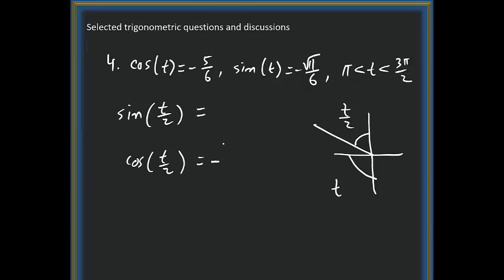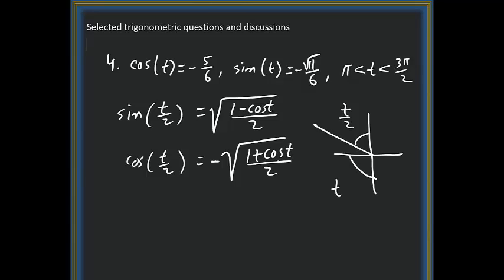And we know the half angle formula is like this: sine t over 2 is square root of 1 minus cosine t over 2, and cosine t over 2 is square root of 1 plus cosine t over 2. So if we just use our cosine t, which is negative 5 over 6, just plug it there.